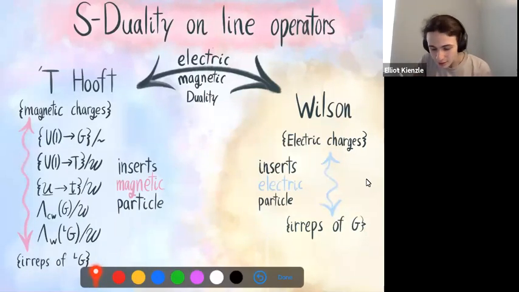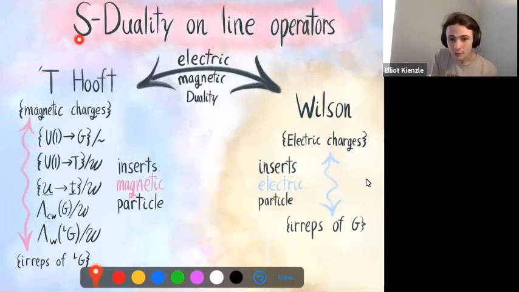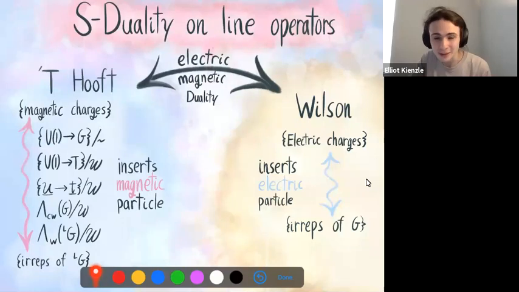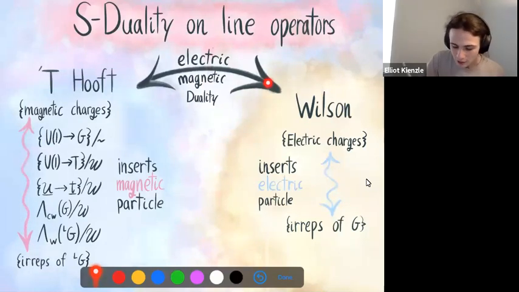In contrast, for Wilson operators, the electric charges, which correspond to different types of Wilson operators, were characterized by irreducible representations of G. And the action of S-duality acts to exchange these line operators. This is S-duality or Montonen-Olive duality or GNO duality or electric-magnetic duality. It has many names, but it acts to replace one with the other.